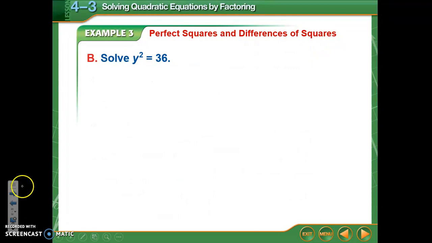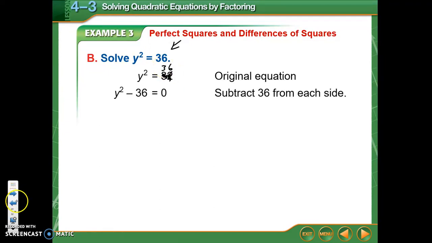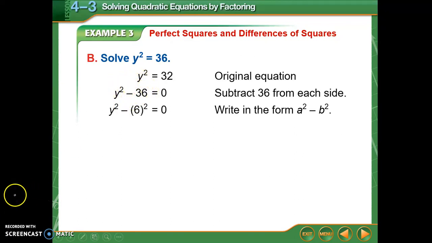Okay, let's try this one. Remember I told you earlier in this video that we always need to get it equal to 0 before we try to factor. So we're going to subtract 36 from both sides and rewrite this as y squared minus 36 equals 0. You should recognize this pattern from yesterday's video. That's the difference of squares, because y squared is a perfect square and 36 is a perfect square.